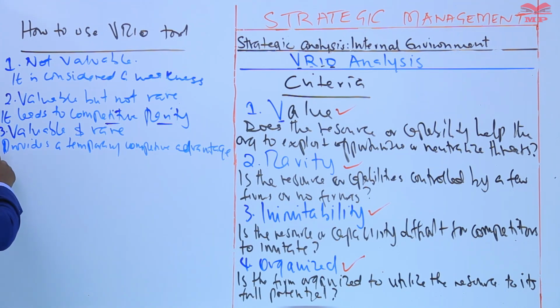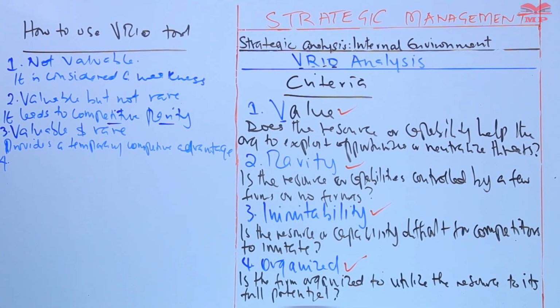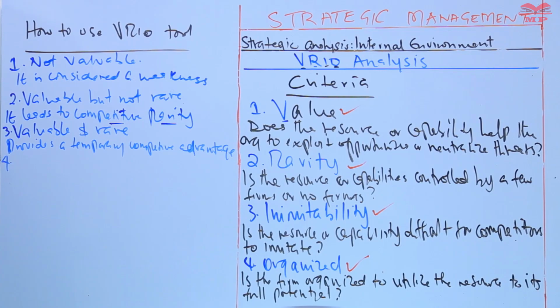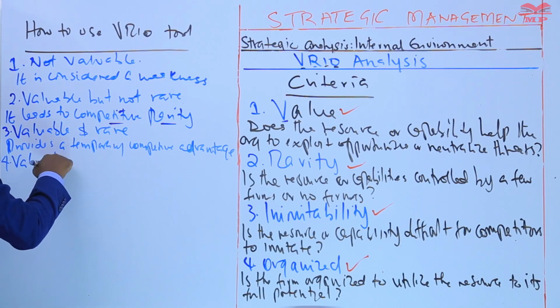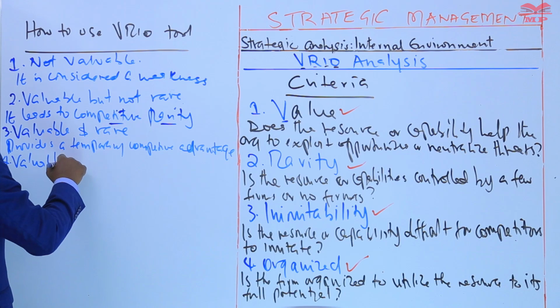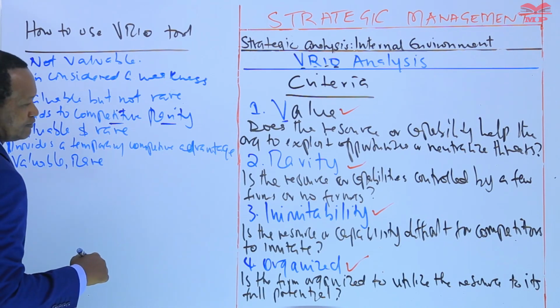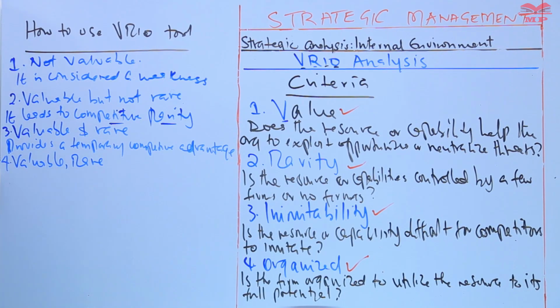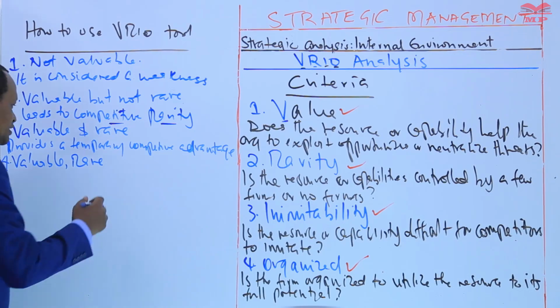Then the fourth scenario or way to use this tool is in a situation where a resource is valuable. A resource may be valuable, it may be rare, and it may also be difficult to imitate.